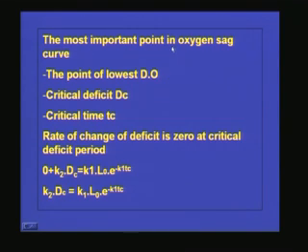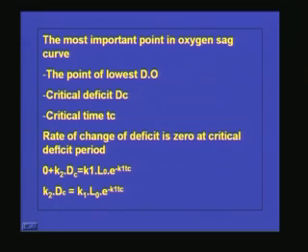The most important points in the oxygen sag curve are the point of lowest DO, the critical deficit DC and critical time tC, because at any point the lowest DO should not be below the specified limit, either 4 milligram per liter or 5 milligram per liter, depending upon the class of the stream or the use of the river water.